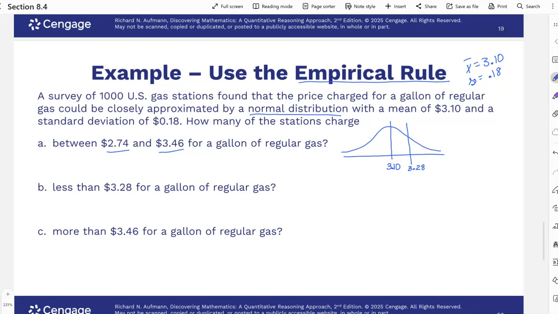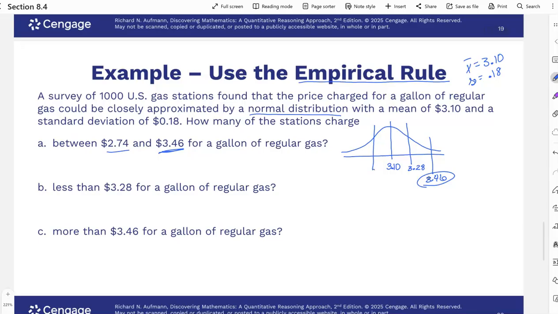And then I'm going to go another standard deviation, so I'm going to add another 18 cents. And that's going to put me at 3.46. So that's my upper limit. That's what I'm looking for there. So let's go the other way.